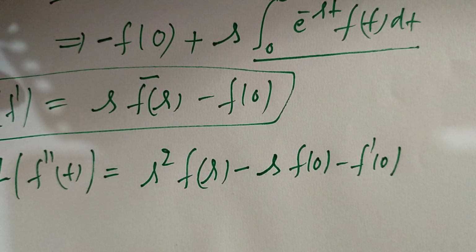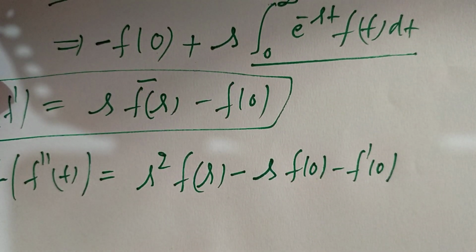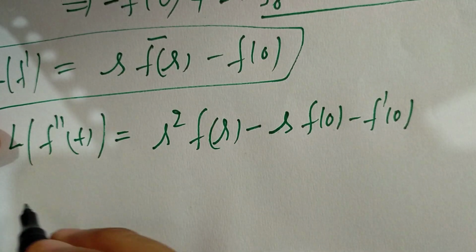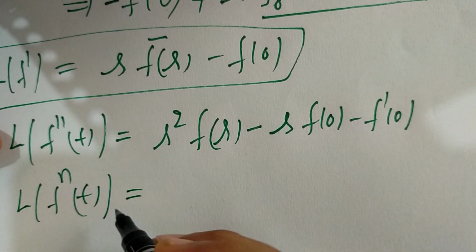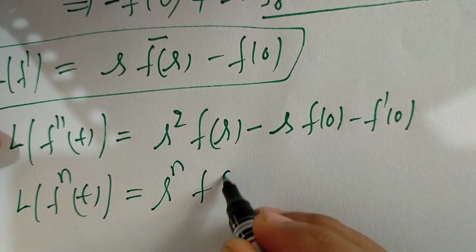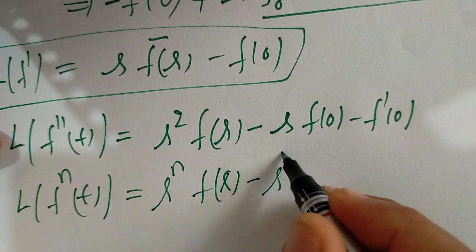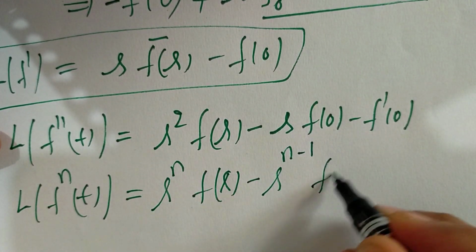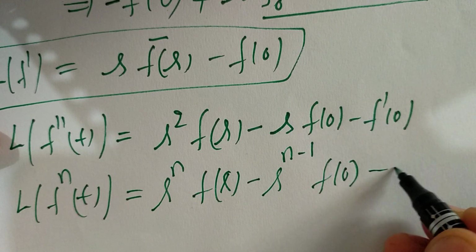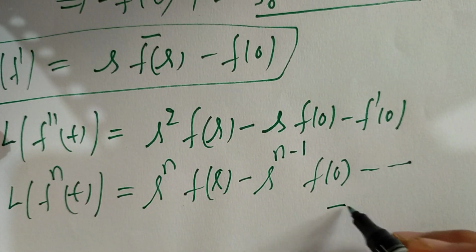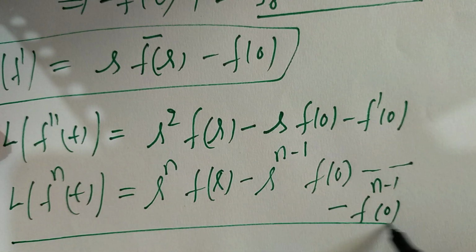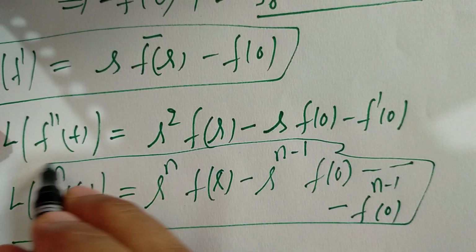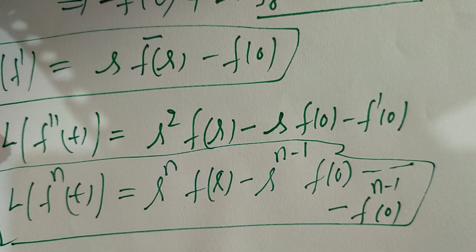And the same thing we can write generalized for the nth derivative: Laplace of f nth derivative equals s power n F(s) minus s power n minus 1 f(0), dot dot dot, minus f power n minus 1 of 0. This formula is used when we solve differential equations.